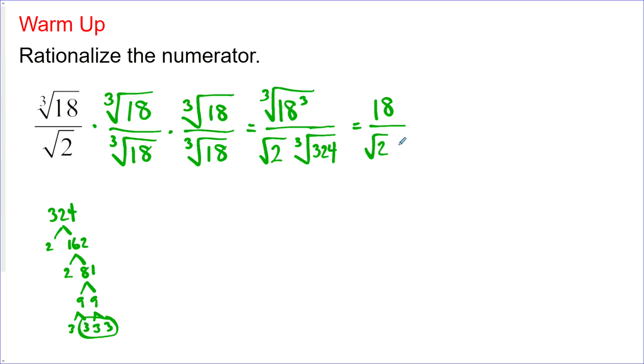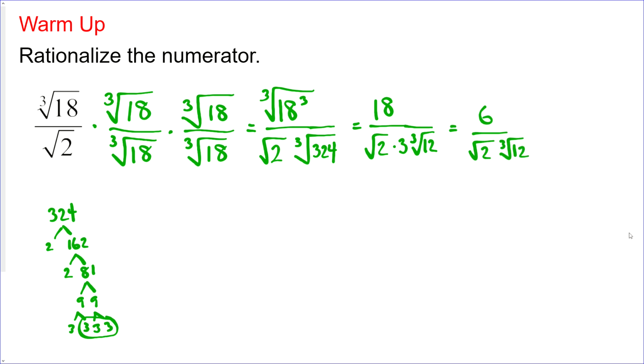We're going to get the cube root of 27, which is 3, and then everything else in here, 2 times 2 times 3 is 12. And now we can simplify the 18 divided by 3 and get 6 over square root of 2 cubed root of 12.